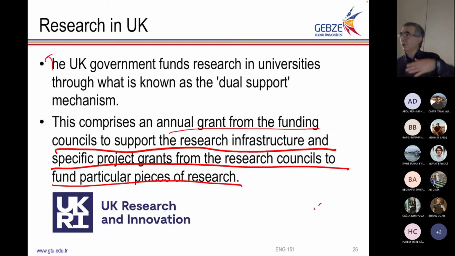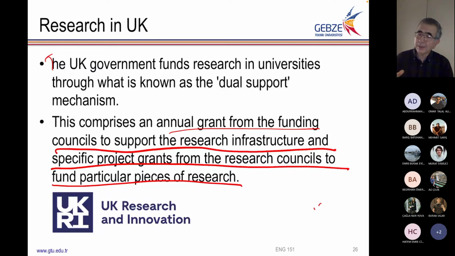So there is ongoing regular money and there is extra money. It is like a university getting TÜBİTAK projects. Our salaries are paid by government, but if we get additional projects, we get additional money for resources.